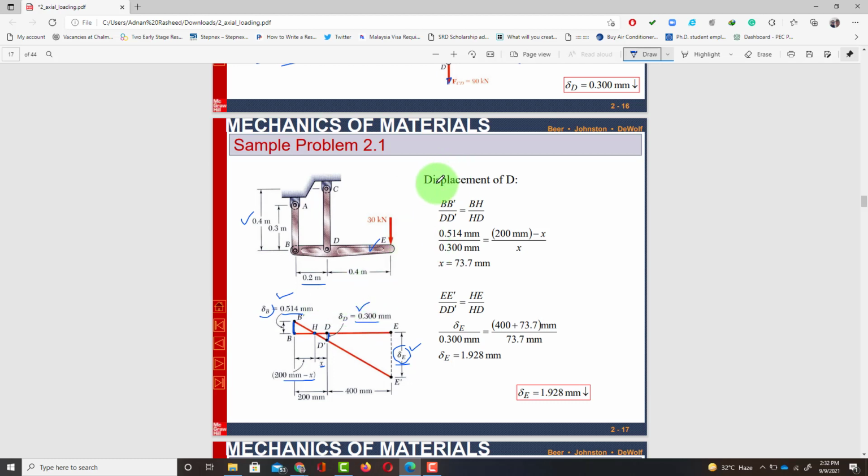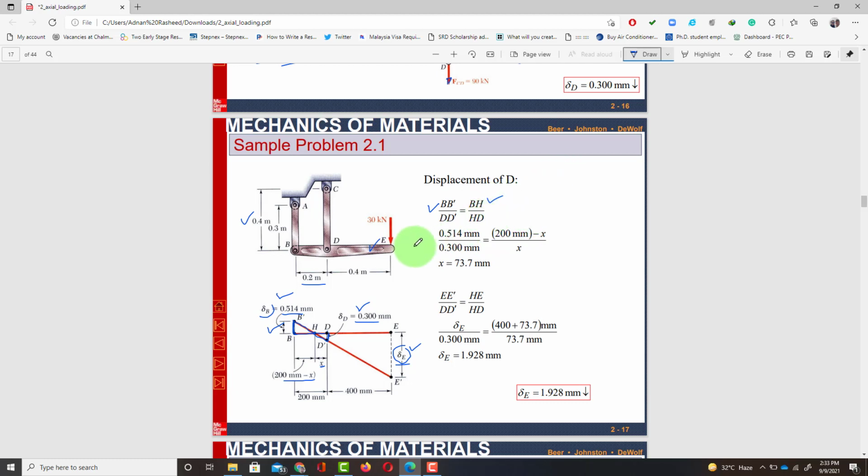So for example, triangle B, B dash, H is similar to triangle H, D, D dash. So the ratio of BB dash with respect to DD dash will be the same as BH over HD. Is that clear to you?